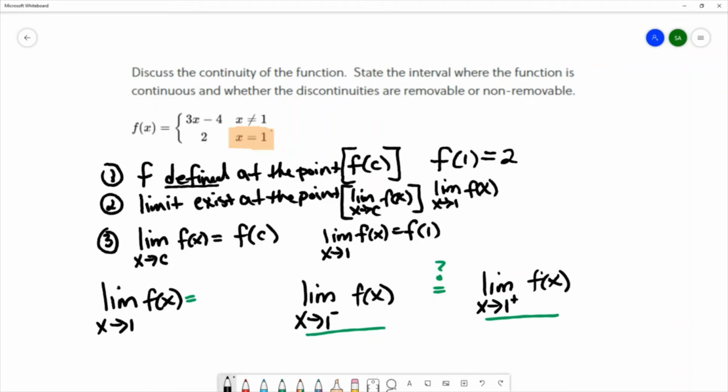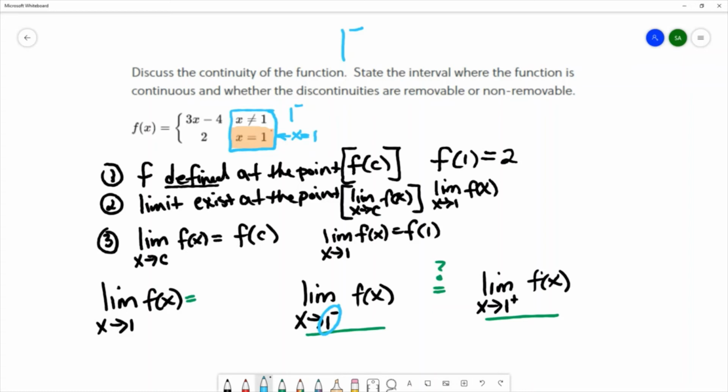So let's start with figuring out the limit from below 1. We need to decide which one of these equations to use. I know that I use the second equation when x is equal to 1, but I'm finding the limit for 1 minus. That is below 1. For every other value except for 1, I'm supposed to use the first equation.